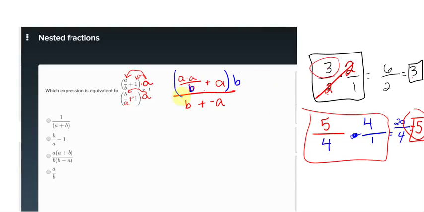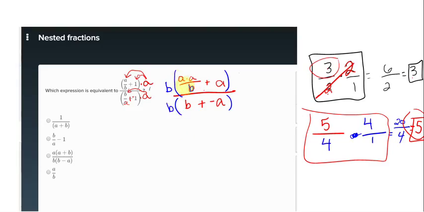And whatever I do to the top, I must also do to the bottom. And if it makes you guys feel better, you can multiply it by b on this side. We're usually used to seeing the distributing term on the left, so we can put it over there.